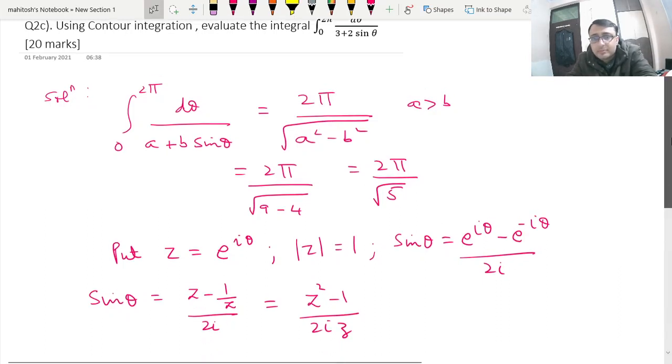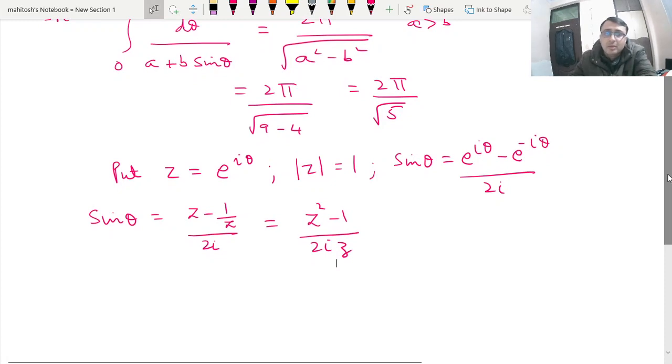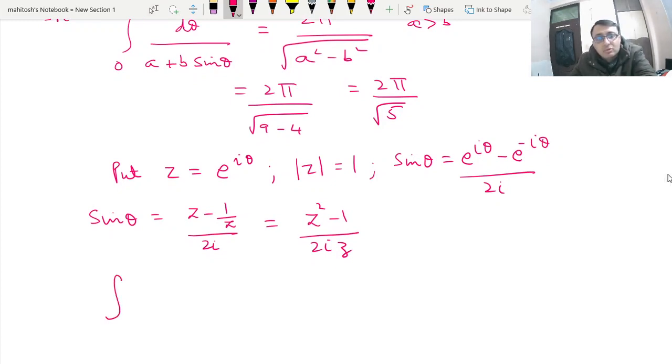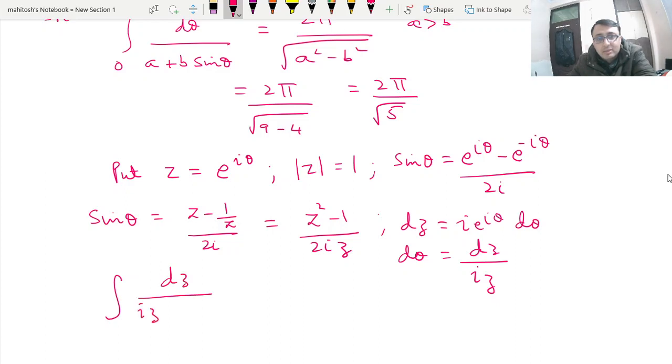Now how can we put this value? Along this contour we'll put all of those values. So dz is i e to the power i theta d theta, so d theta can be written as dz upon iz.